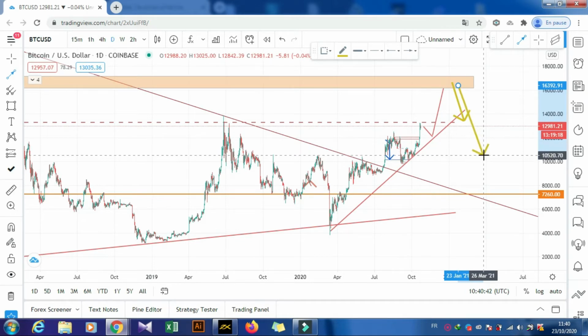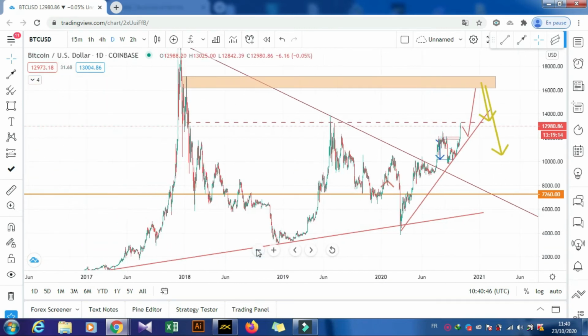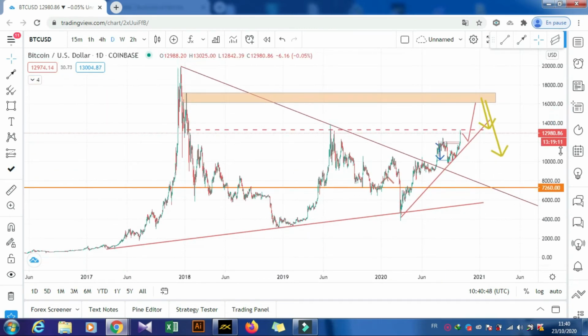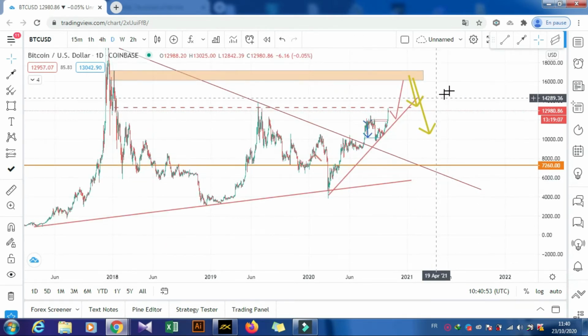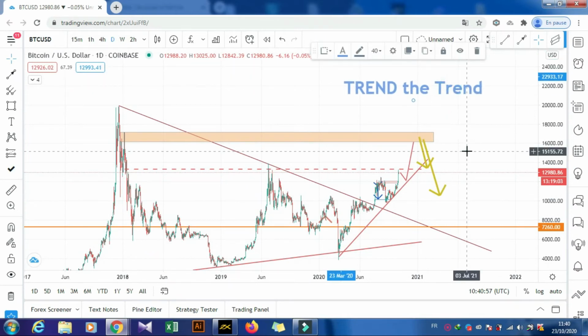This is one. So this is Bitcoin as I see it, and my forecast for the coming days.